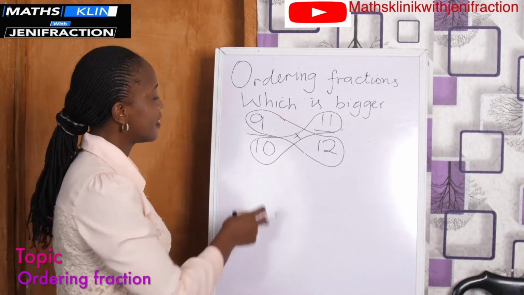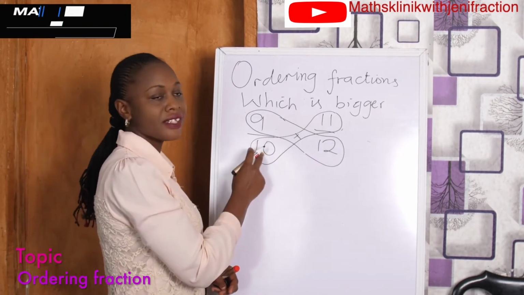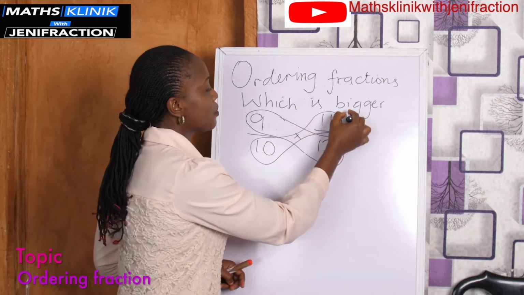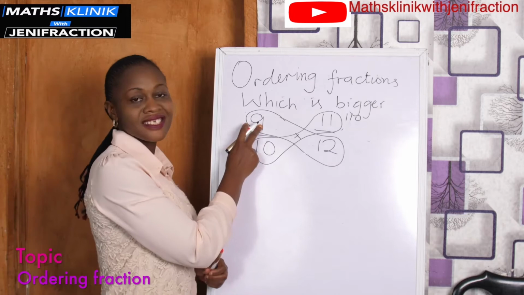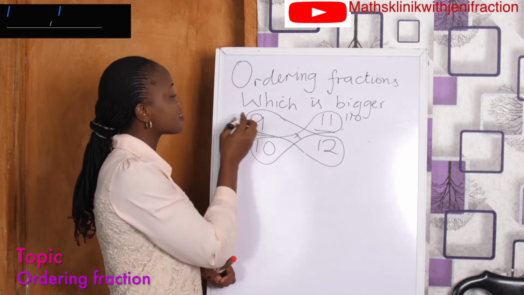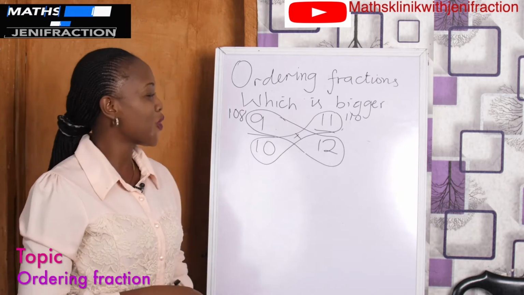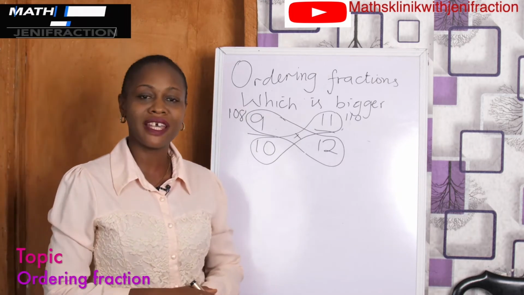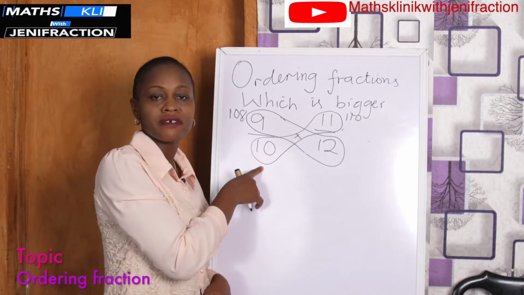So I have 10 times 11. 10 times 11 is 110. 9 times 12 is 108. So we can look for the bigger fraction. 108 for 9 over 10.